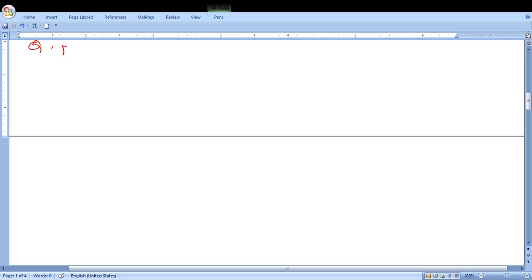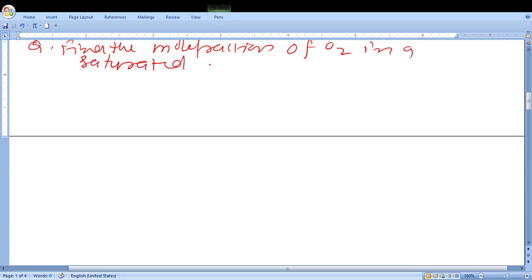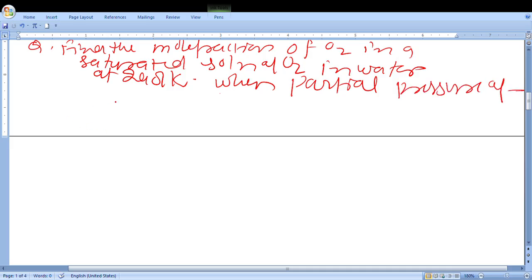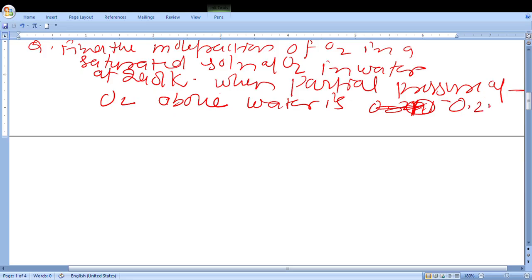The next question is, find the mole fraction of oxygen in a saturated solution of oxygen in water at 298 Kelvin when partial pressure of O2 above water is 0.21 atm.